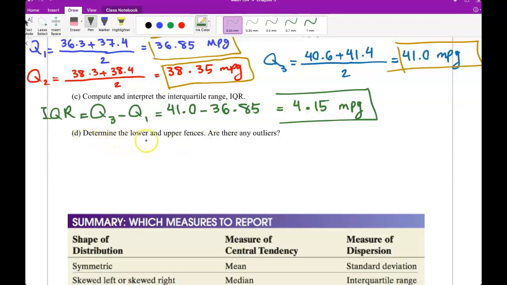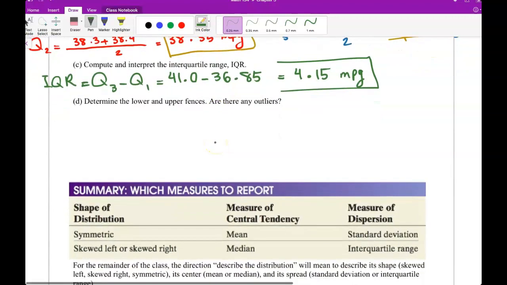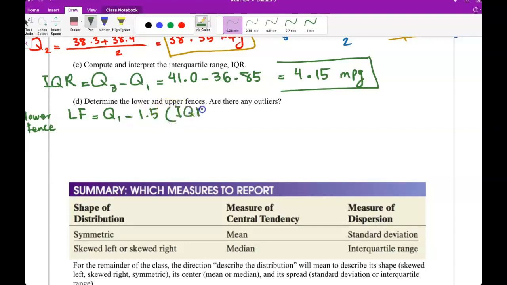Now part E, determine the lower and upper fences. Do we have outliers? So first, the lower fence. I'm using LF for lower fence. That is Q1 minus 1.5 multiplied by the interquartile range.